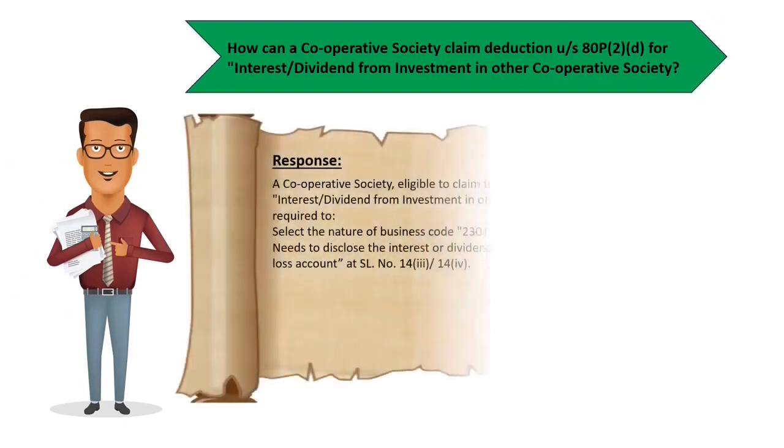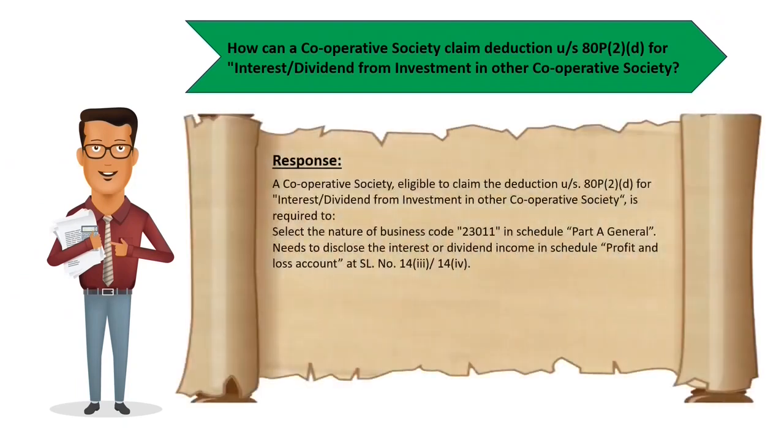A cooperative society eligible to claim deduction under Section 80P subsection 2 clause D for interest or dividend from investment in other cooperative societies is required to select the nature of business code 23011 in Schedule Part A General. It also needs to disclose the interest or dividend income in Schedule Profit and Loss account at serial number 14 clause 3 or 14.4.